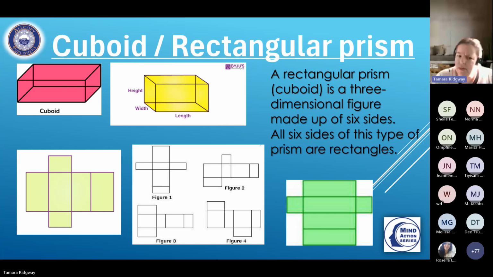And why is it called sometimes a cuboid, and why is it called a rectangular prism? There's nothing exciting to know about it, so save yourself some time. It's interchangeable, although I do have a slide for those mad people like me that also like to get lost down that rabbit hole.